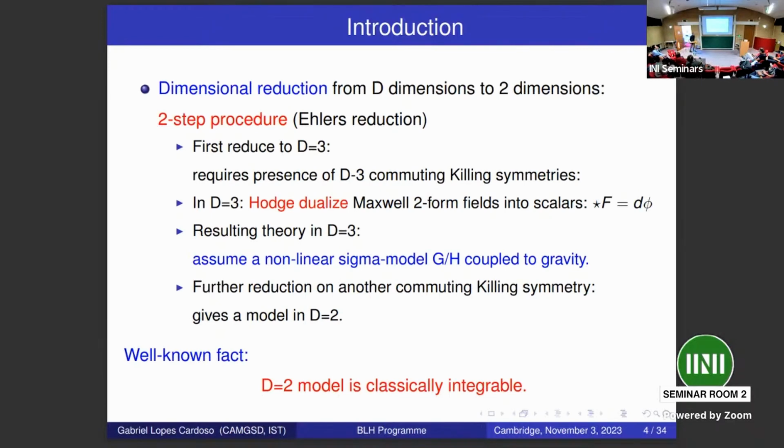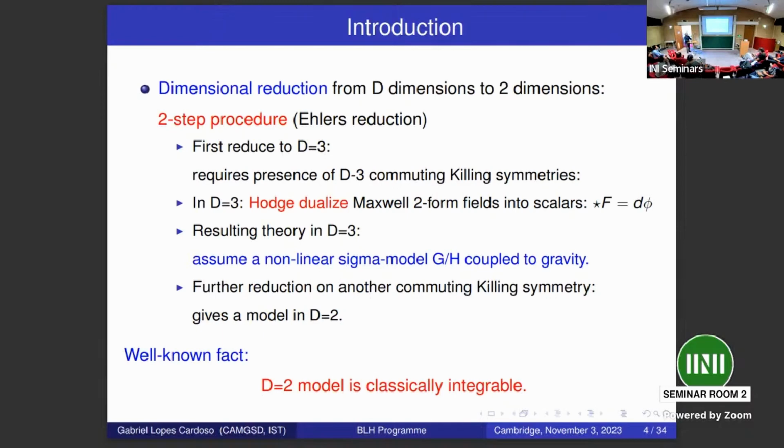Once one is in 3 dimensions, since one started with Maxwell fields, and also since one is performing a Kaluza-Klein reduction, one ends up with a bunch of fields in 3 dimensions that include Maxwell fields. You are then instructed to Hodge dualize these Maxwell fields, these two-form fields, into scalars, so that at the end of the day, once you have done this dualization, you have a 3-dimensional model comprising gravity and just scalar fields.